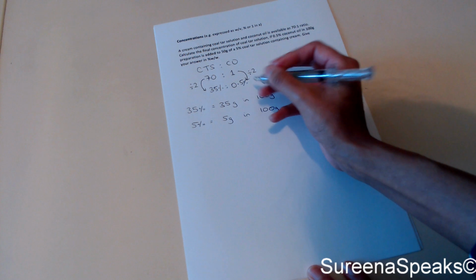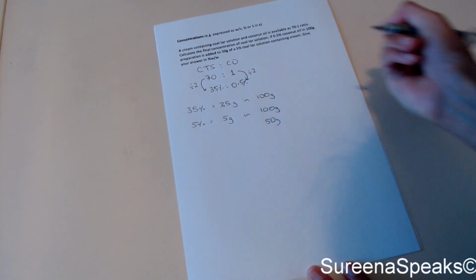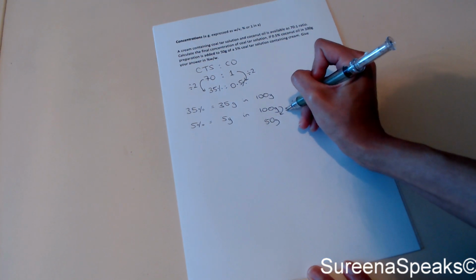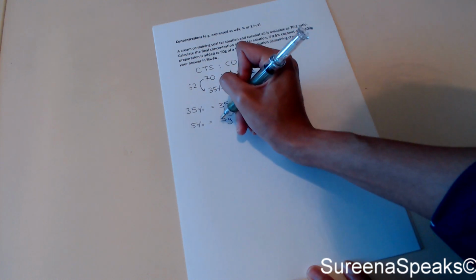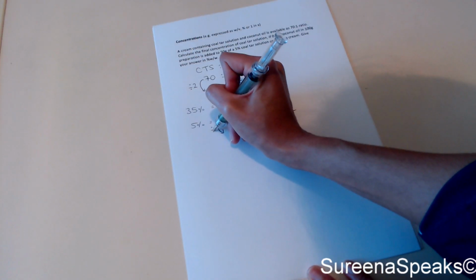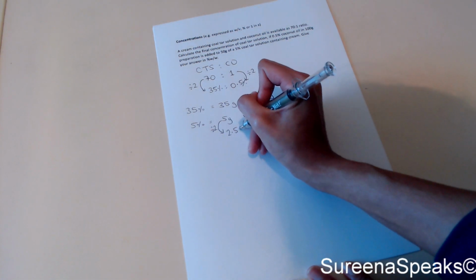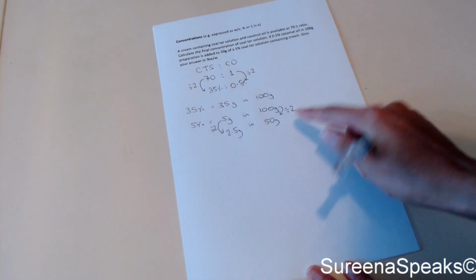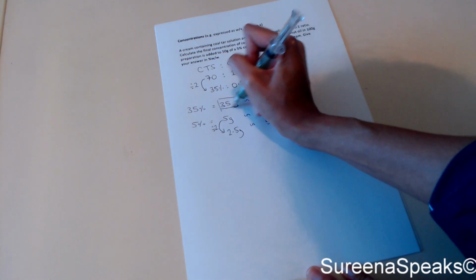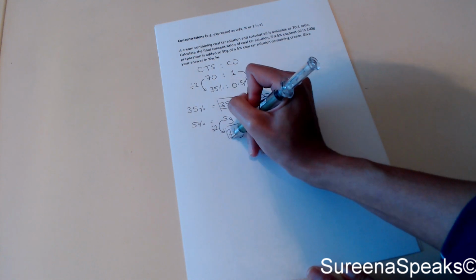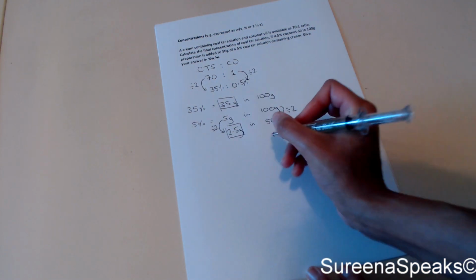So how much is there going to be in 50 grams? Again, what we do to one side, we have to do to the other side. So we divide by 2 here, and we're going to divide by 2 there as well. And we end up with 2.5 grams in 50 grams. So we have 35 grams and we have 2.5 grams.